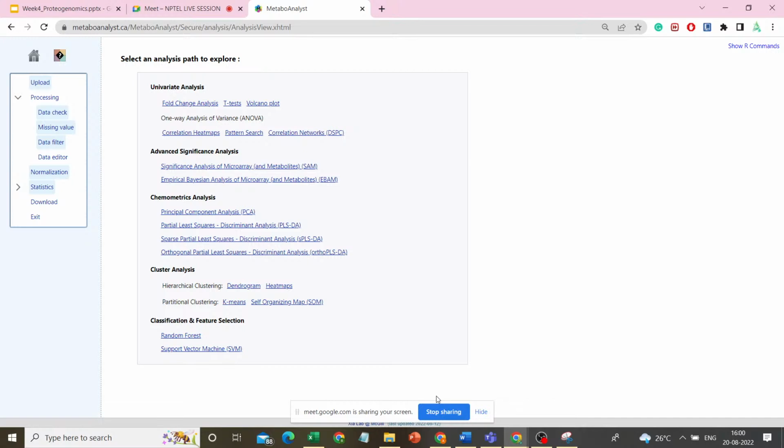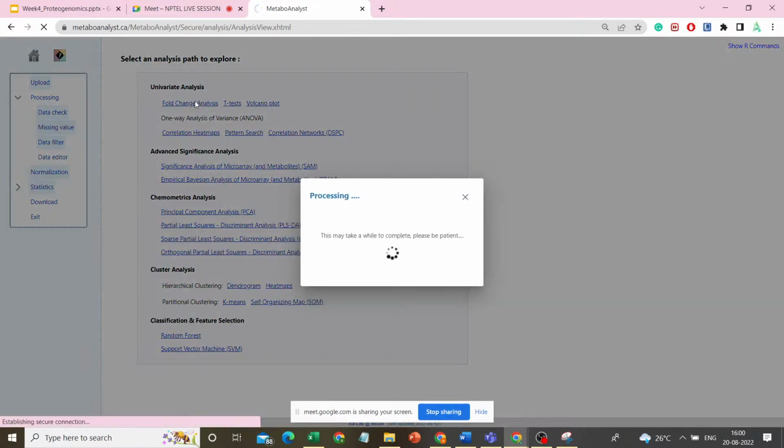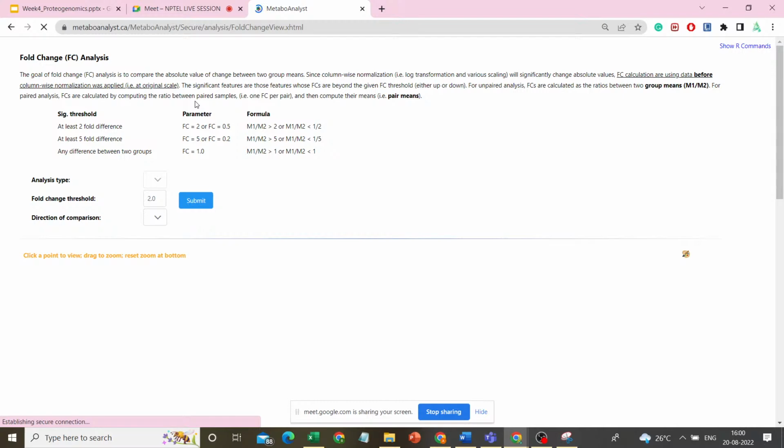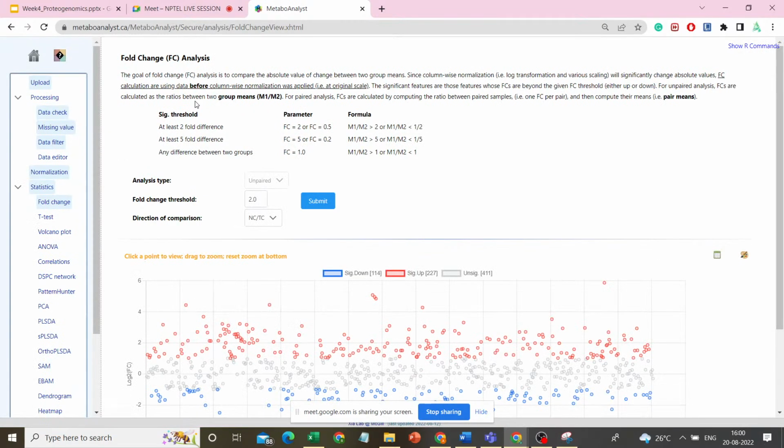Now you can see that there is univariate analysis, significance analysis, and various other things. Firstly, for the fold change analysis, we need to find out which proteins pass the fold change threshold. So at least a twofold difference. You can select here NC versus TC or TC versus NC.